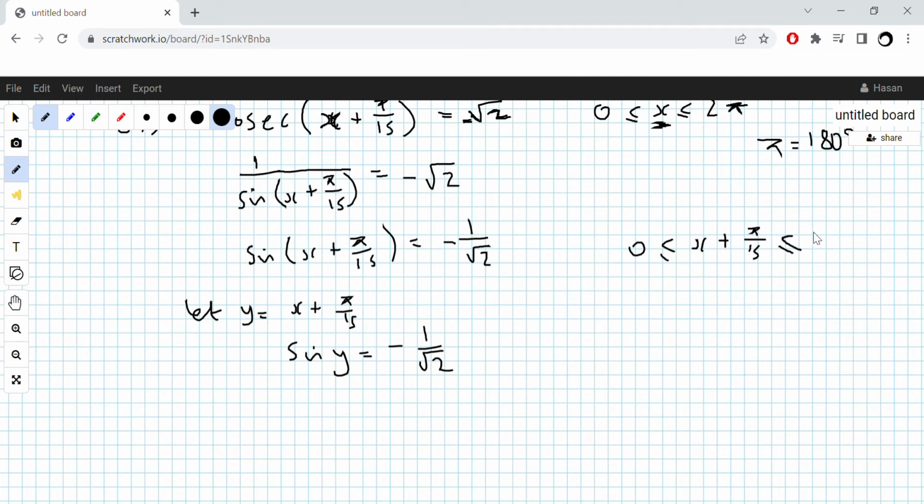So what you would do to both sides is you would add pi over 15. So 2 pi plus pi over 15 and 0 plus pi over 15, that would make it pi over 15. So this is your new interval now.